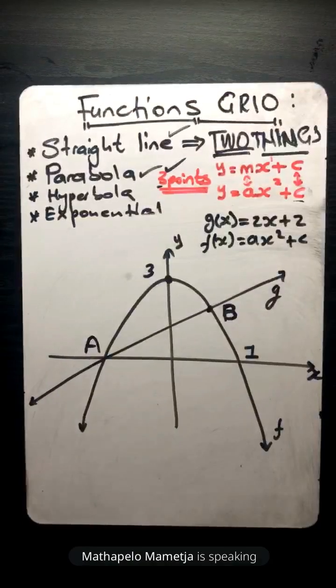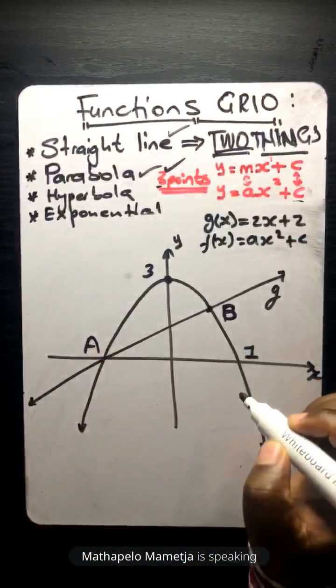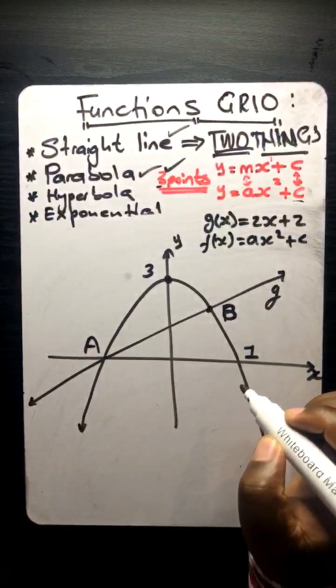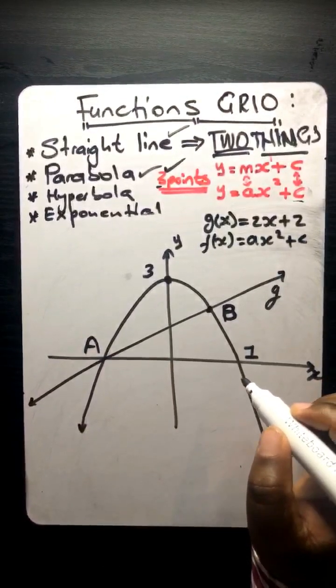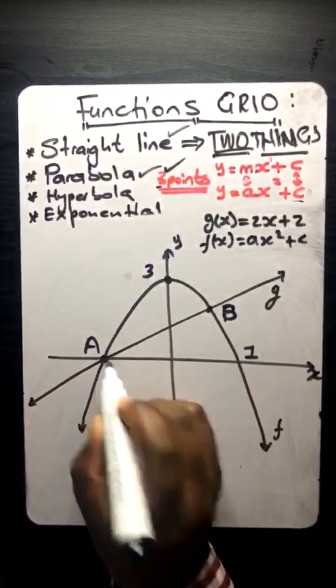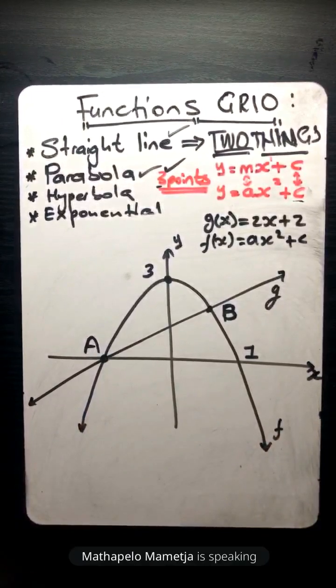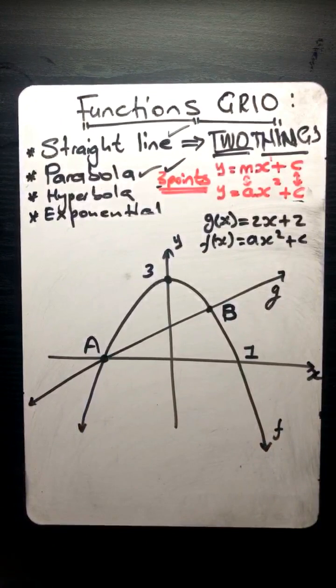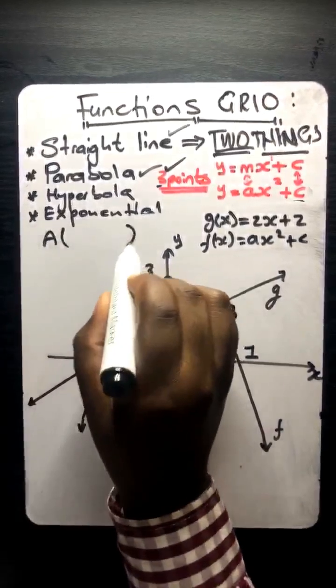After that, we should solve for X. Yes, honorable member is 100% correct. But wait, what are the coordinates of A? What do we know at point A?